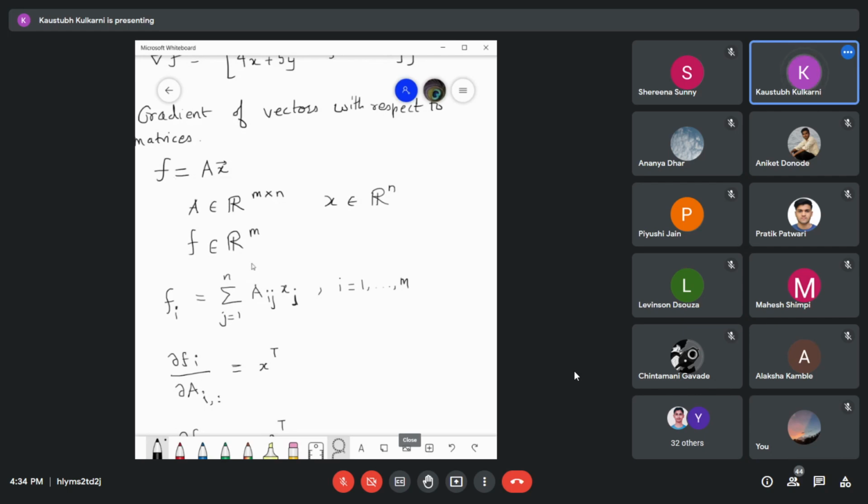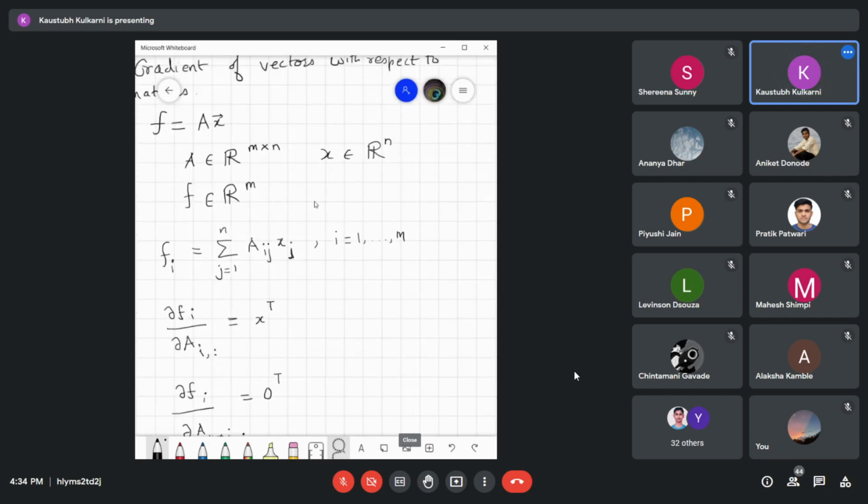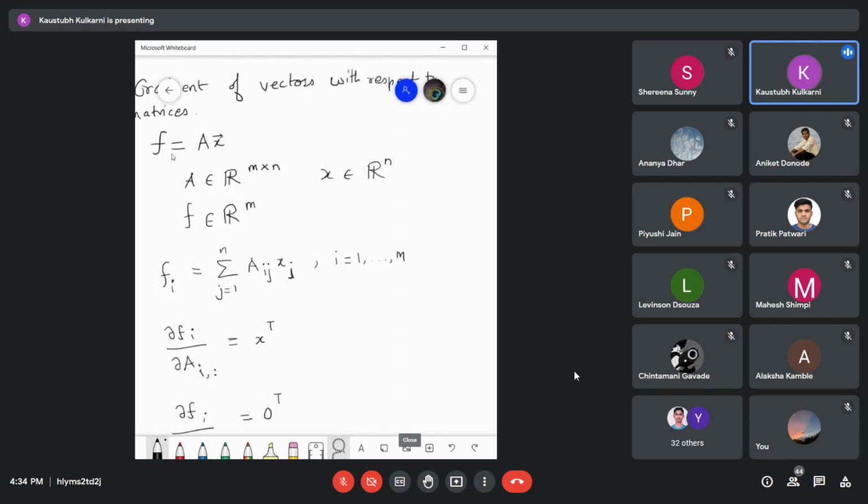Therefore, dimensions of f are m cross 1. Then to differentiate f, to find the gradient of f, we first have to find the partial derivatives. f is a vector function, so it will have components fi. It will have m components, m component functions. Each component is a function.